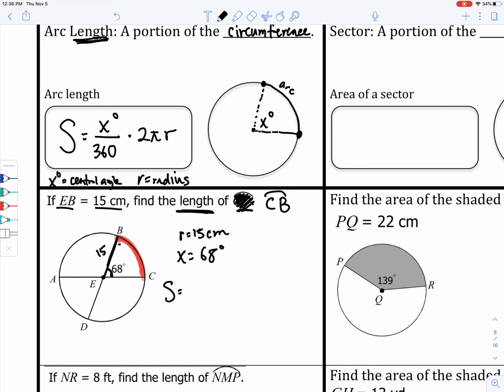So S equals, the formula is, S equals x over 360 times 2 pi r. And let's plug in x, the degrees, and 15, the radius. I get 68 degrees over 360 degrees times 2 pi times 15.